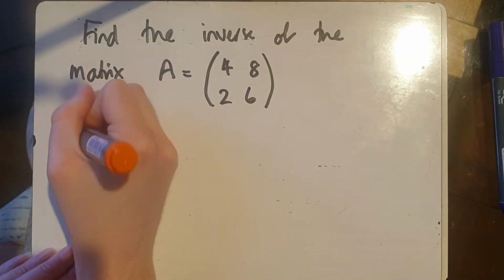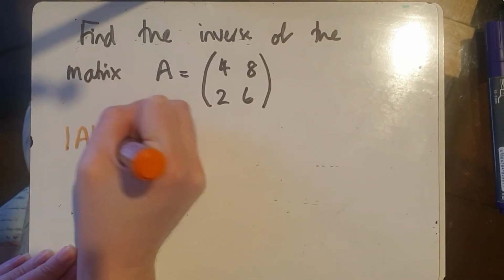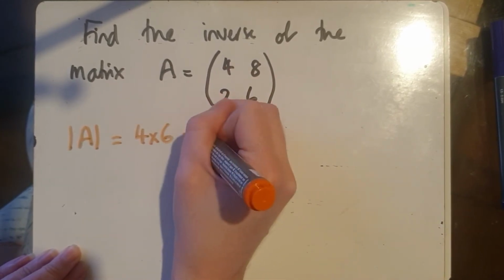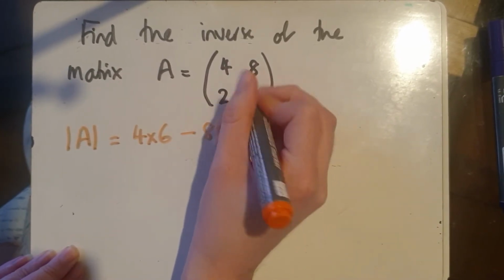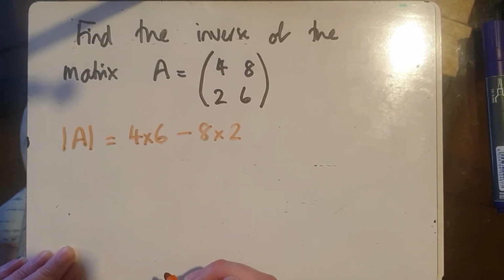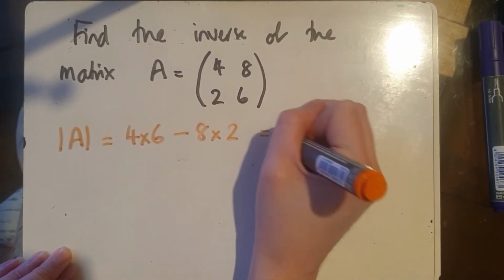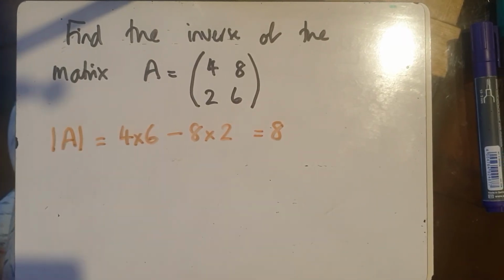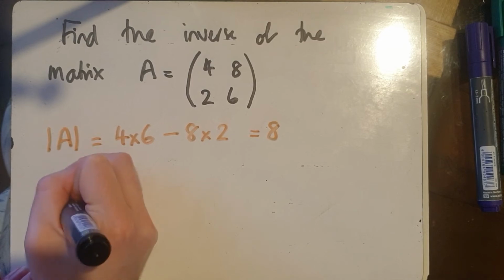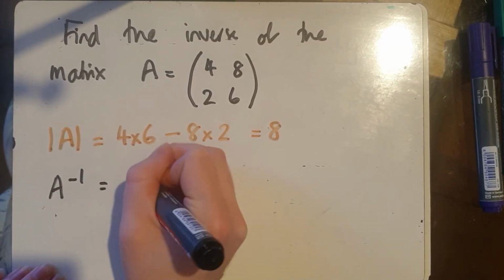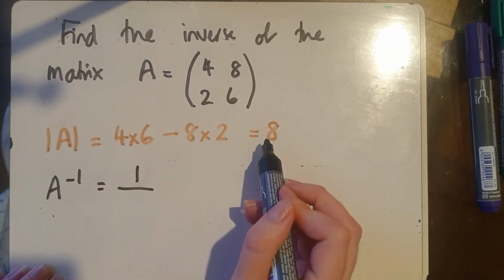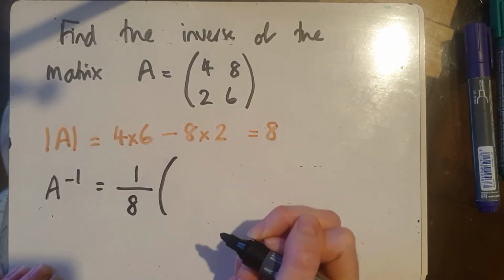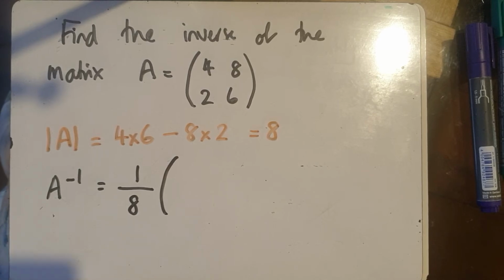First, we need to find the determinant of A, and that is 4 times 6, A times D, minus 8 times 2, B times C, and that gives us 8. So then, A inverse is 1 over the determinant, so 1 over 8, multiplied by, I'll just show you this again.